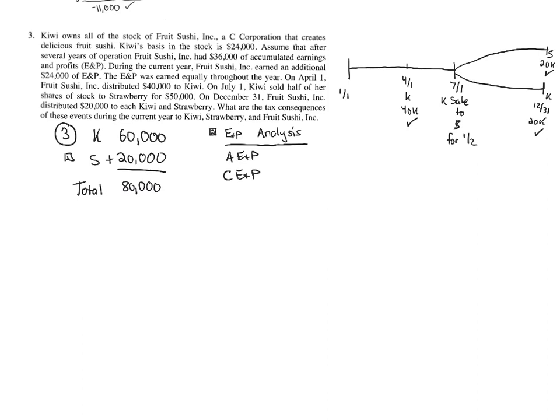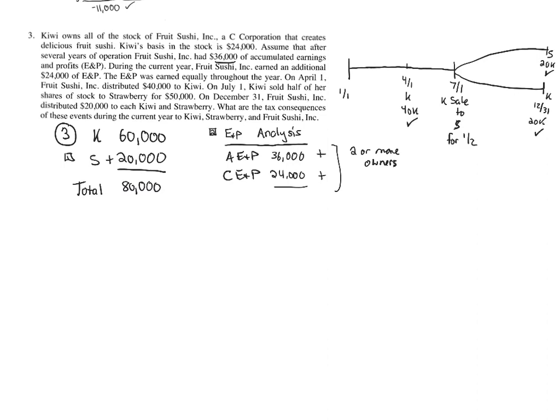So the accumulated E&P given here is 36,000. Current E&P is 24,000. If we have positive accumulated and positive current E&P, and there's two or more owners, we've got some special rules. Well, not special rules, but just ways to proceed.